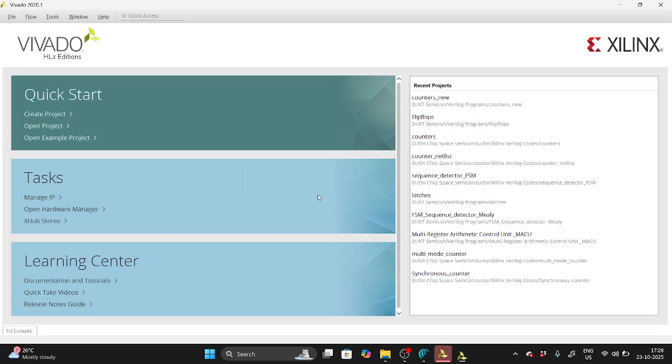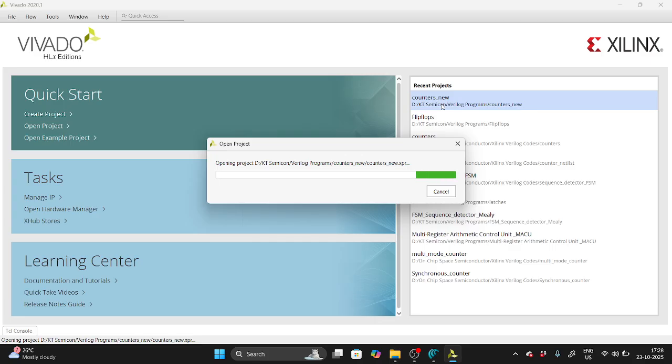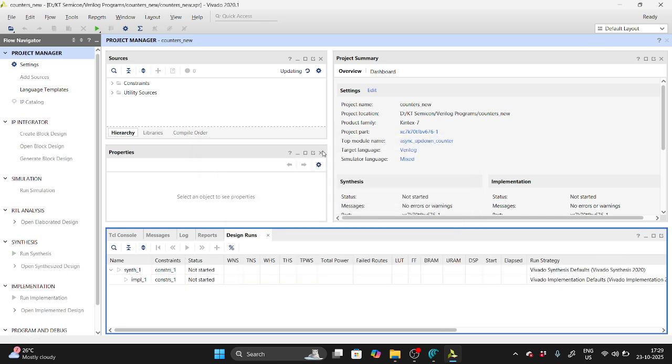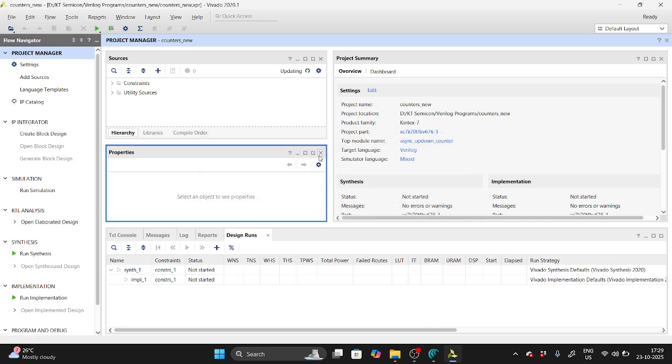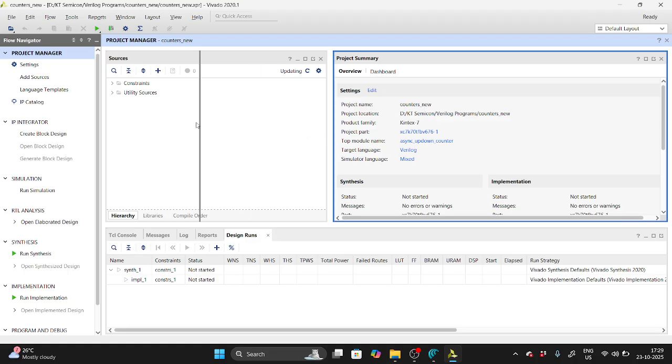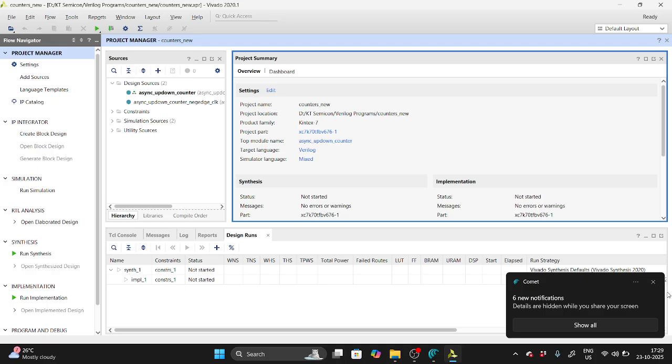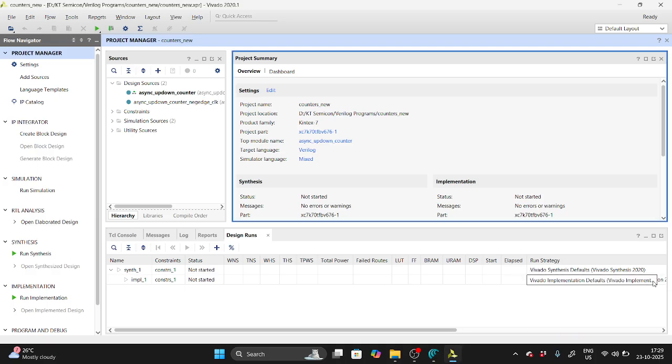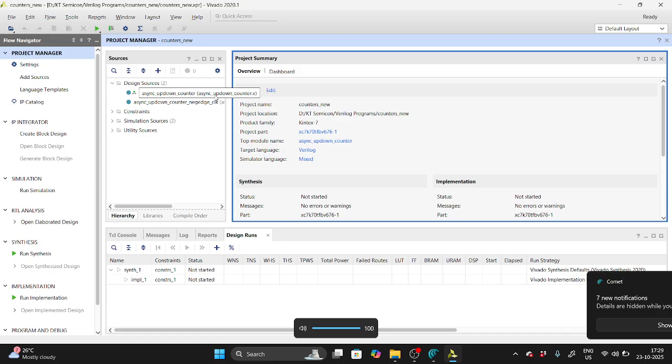This one I'll close. Counter new. Okay, this is counter new. If you see here, this is the asynchronous up counter.